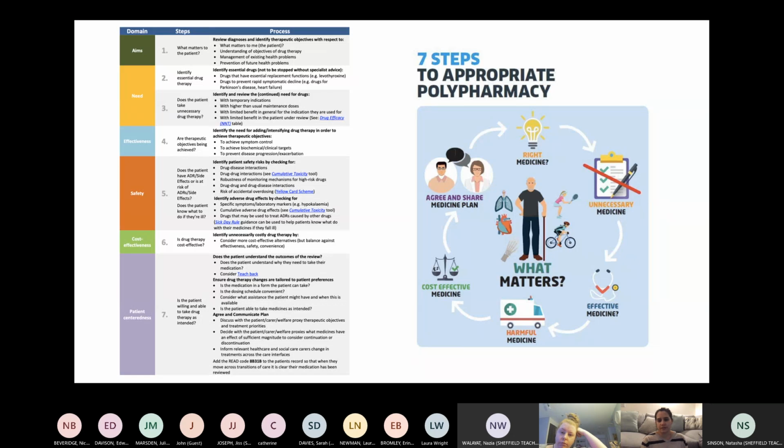But then in particular, making sure that we're agreeing and sharing the plan with the patient or their relatives. And then on the side, it talks through 7 steps about identifying what is important to the patient, what you're trying to achieve, when should we review the drug, what are the symptoms we're trying to control, what are the risks associated with the drug, and going through it. So I think it is worth a read.